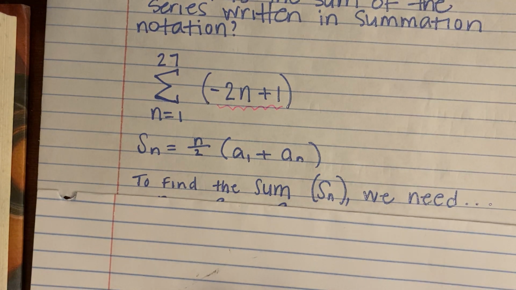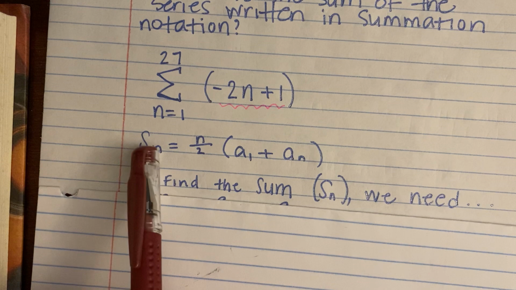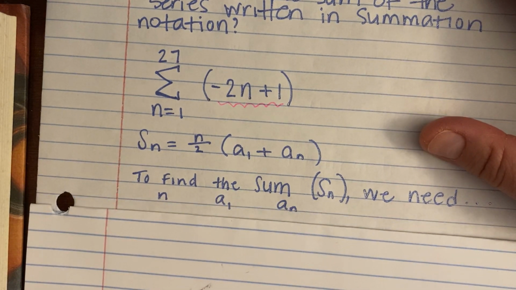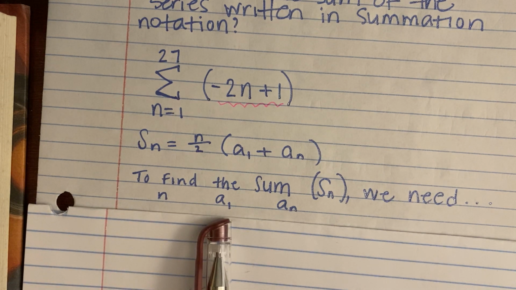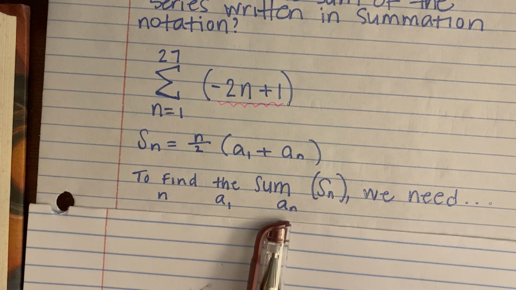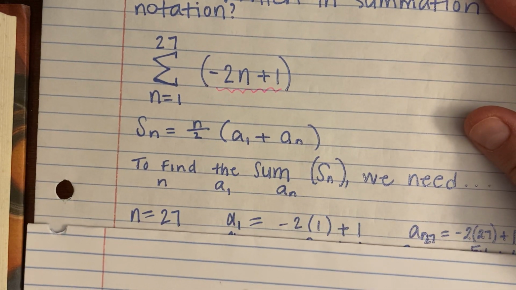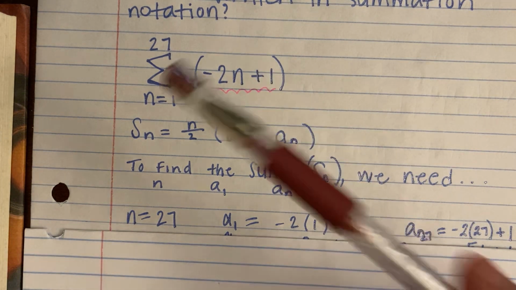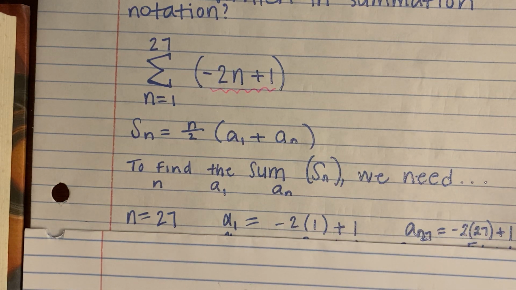To find the sum S sub n here, we're going to need 3 things: n, the number of terms, the value of the first term, and the value of the last term. We do know how many terms we're dealing with, because I'm adding from the first term to the 27th term, so n is 27.